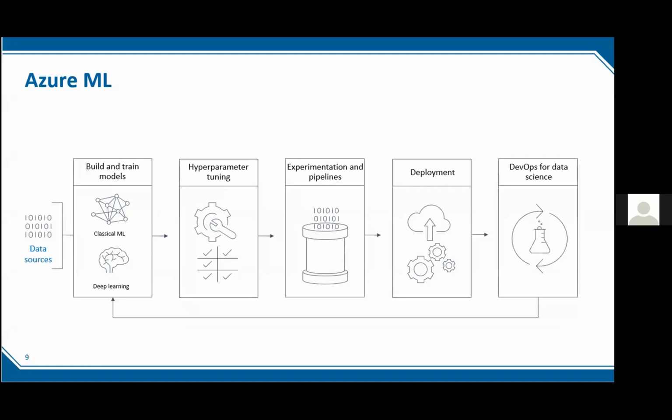So it gives a wide range of services to help in building and training models, and hyperparameter tuning. So tuning certain parameters within the model so that it'll give much better results.